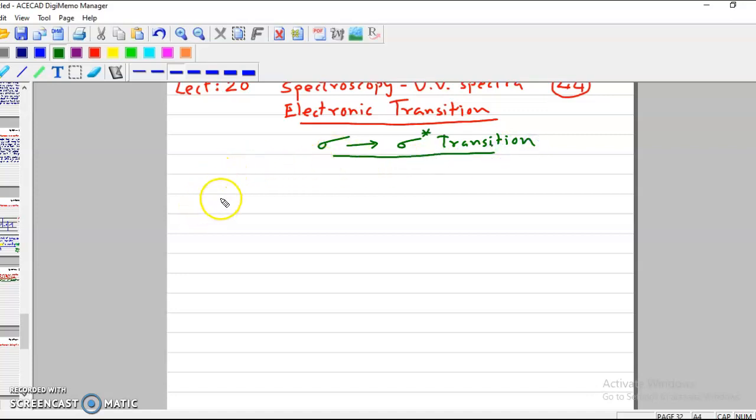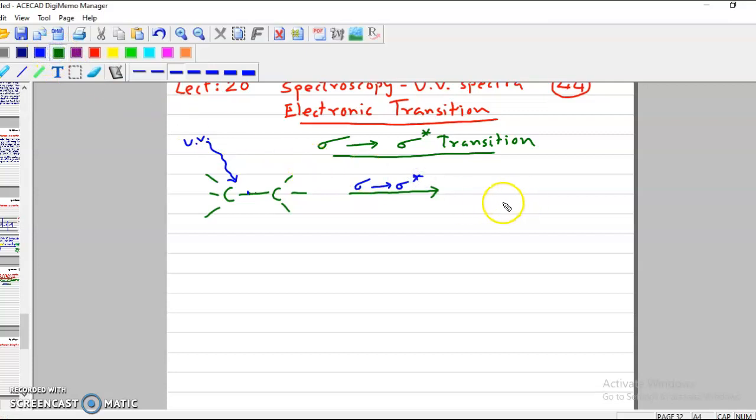For that, there should be a single bond between two atoms of an organic molecule. Let us take a carbon-carbon single bond, and there are two electrons in the sigma bond. When this kind of molecule absorbs ultraviolet radiation, then one of these electrons absorbs energy and transfers to the sigma star orbital of the same molecule, and that is known as sigma to sigma star transition.